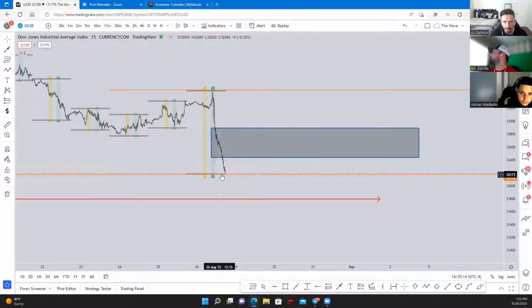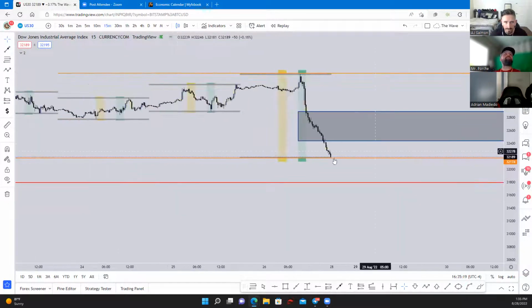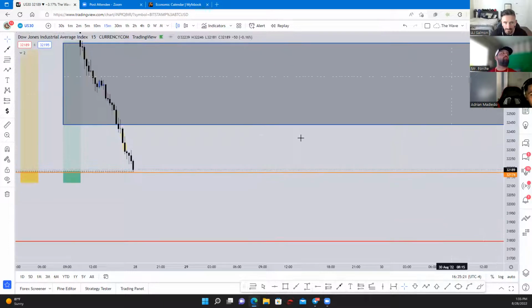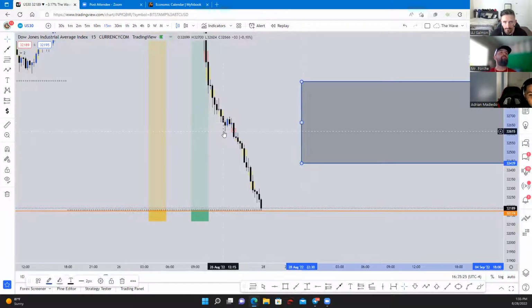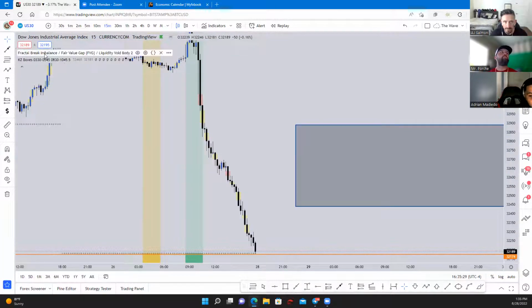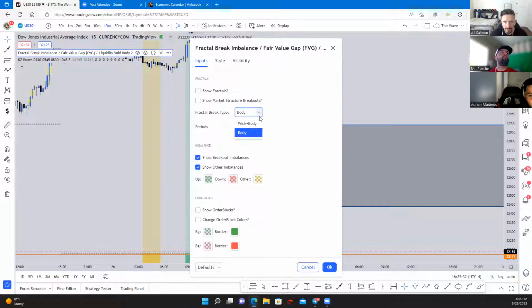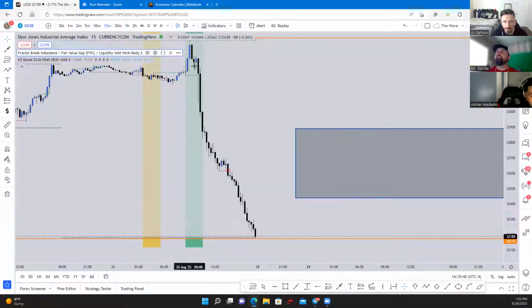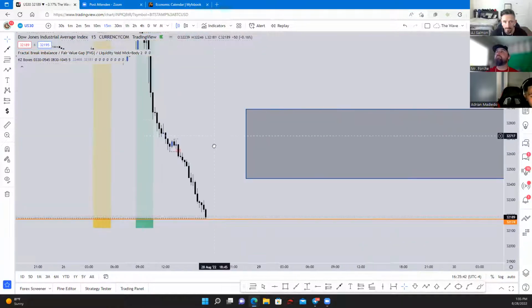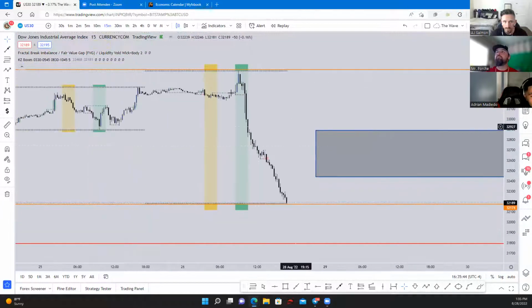So I think we'll probably get some sort of pullback, because there's a lot of gaps here. I gotta set this back up. We'll see what it does though.